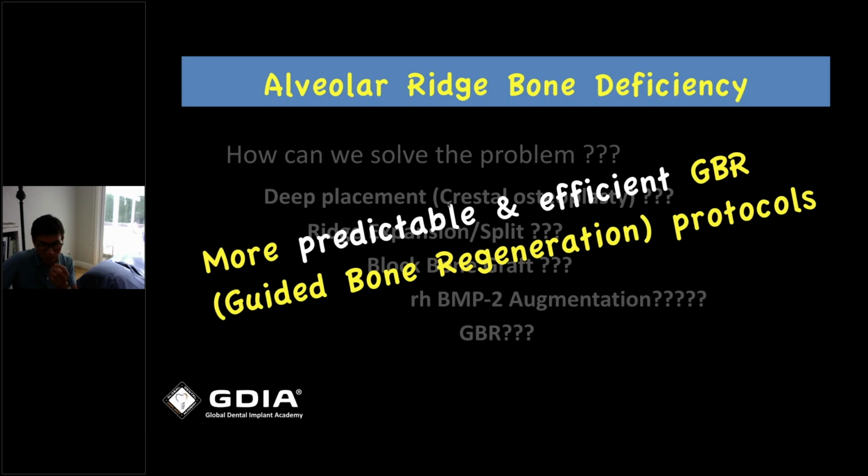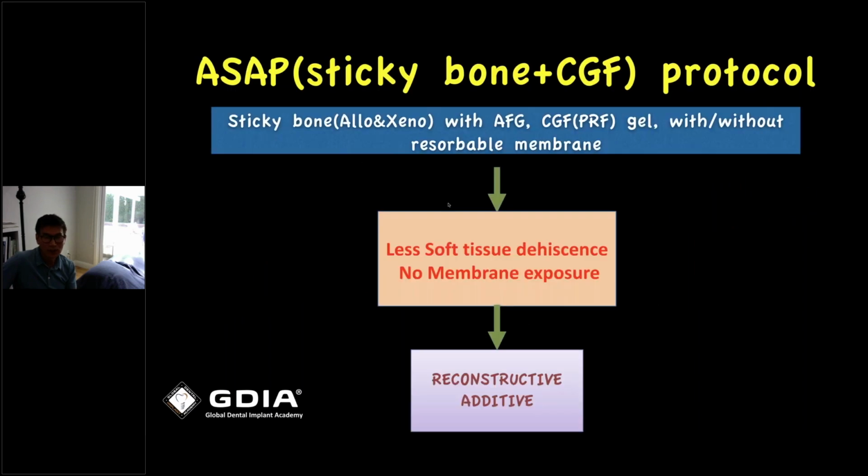If you listen to some of the sinus approaches, we always condition instead of the more complicated, it was simplified. So we have the ASAP protocol, and now it's more popular to name it sticky bone. Everybody's talking about sticky bone, CGF, Dr. Son, DS Son, a good colleague from GDI.